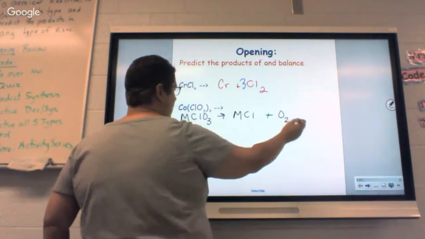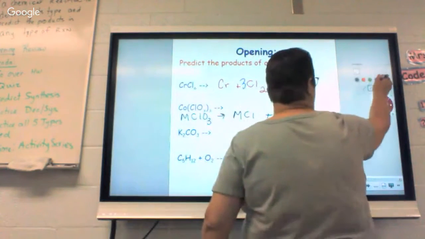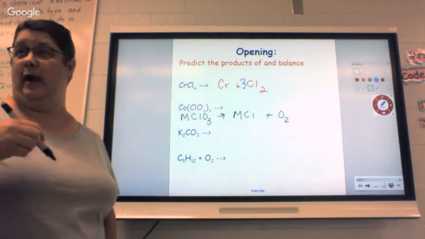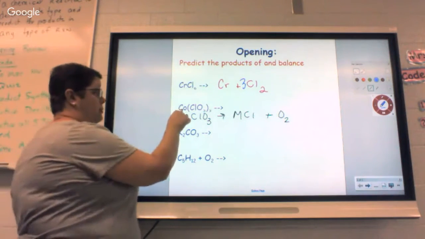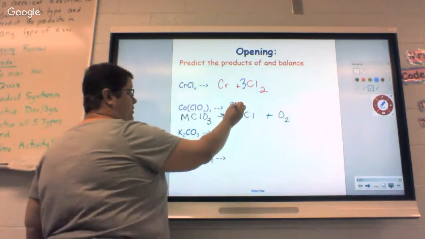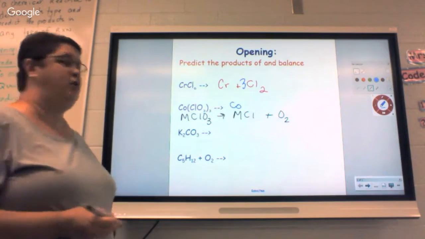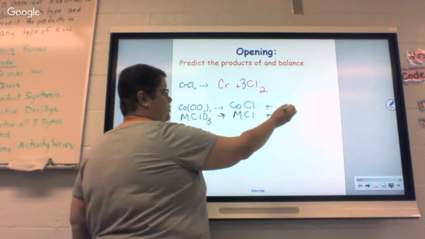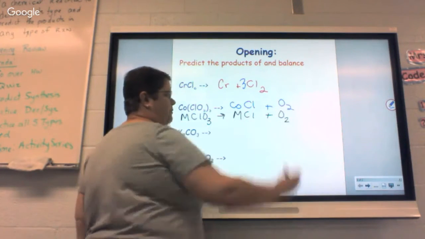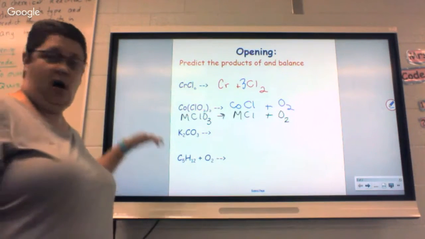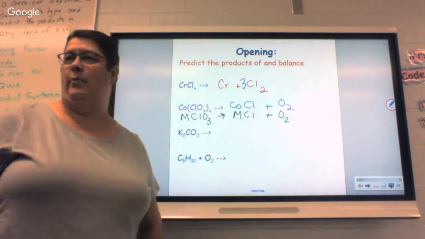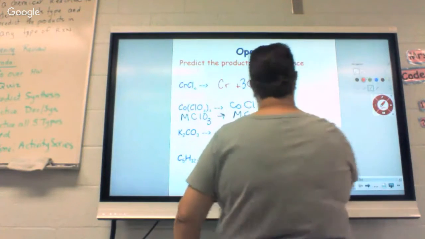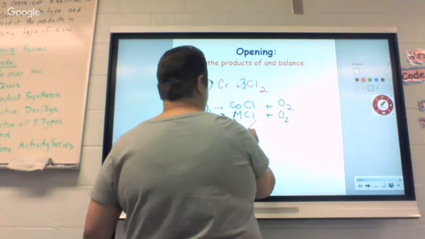Okay, so what goes in the M spot? The metal. So what metal did I give you in the first part of the reaction? Co, so we put Co where the metal is, and then you put the element that's with the metal, which is Cl, and then plus whatever's here, you just write it down so that it fits the formula of the reaction. Now, because this is a compound, it's generic.